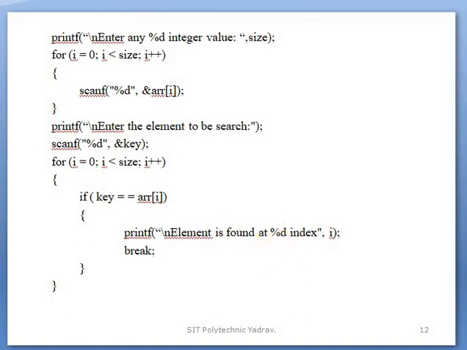Okay, now for i is equal to 0, i less than size, and i plus plus. Here we use the for loop. Why do we use the for loop? Because we use an array, meaning more than one element is stored in the array, and we have to repeat the scanf function one by one. For example, if we take an array of 20, would you write scanf 20 times?